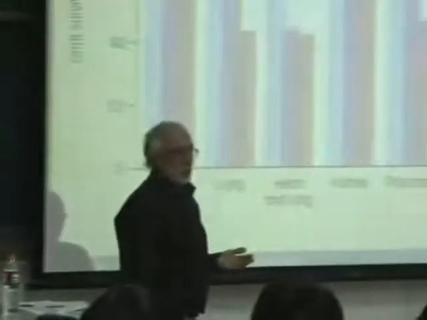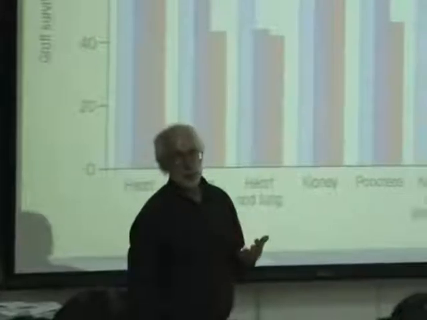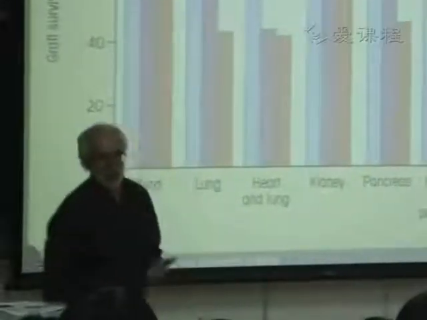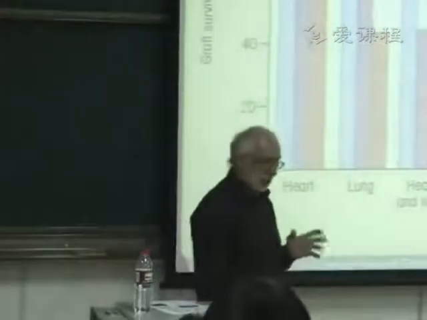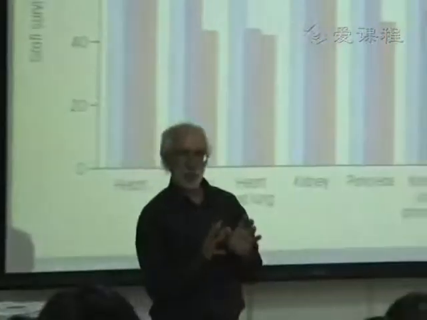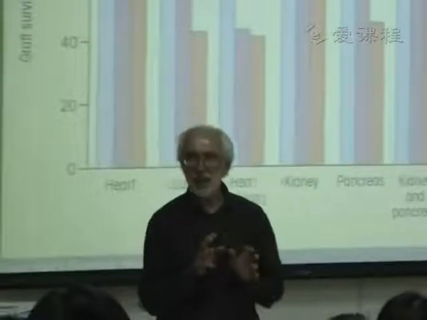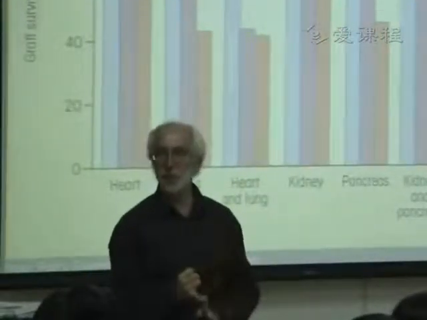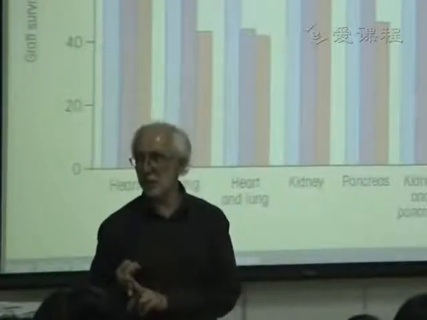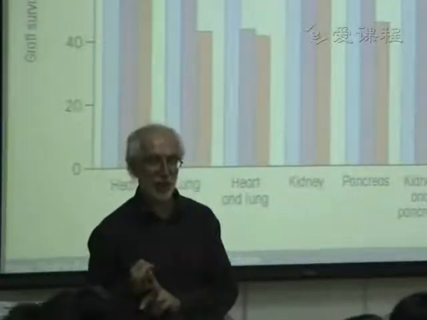Even if you do a good match, even if you immunosuppress, there is no guarantee that a graft will survive. And I think there's an important difference to appreciate in two different terms that are used. That is graft survival and patient survival. They're not the same thing. Okay?